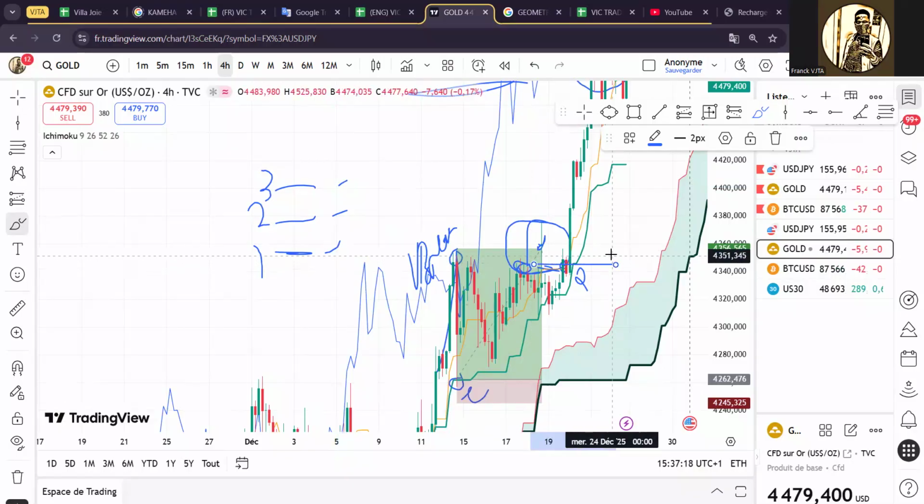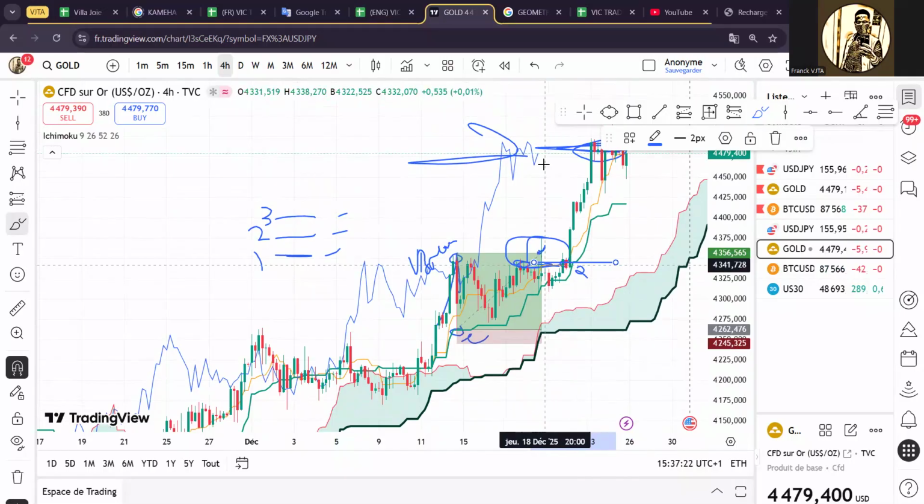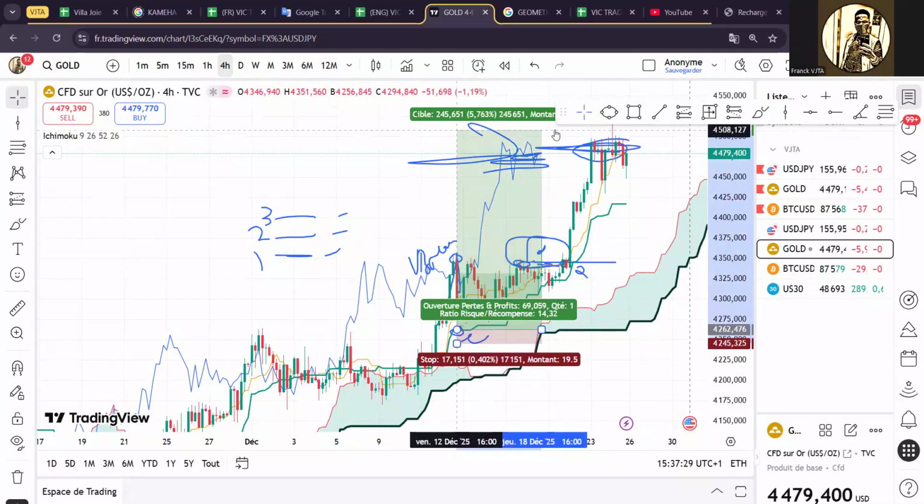The 4-hour take profit of Tenkan at the VRS on the left is here, but the daily is above here. So if you let the trade go with the daily one, you will have more money.